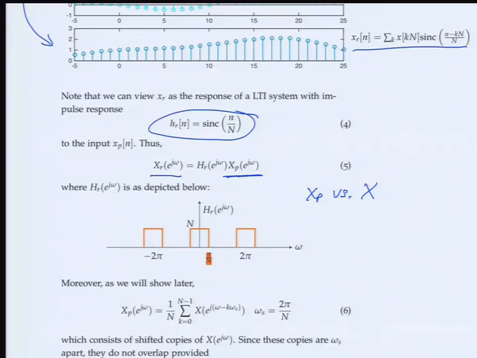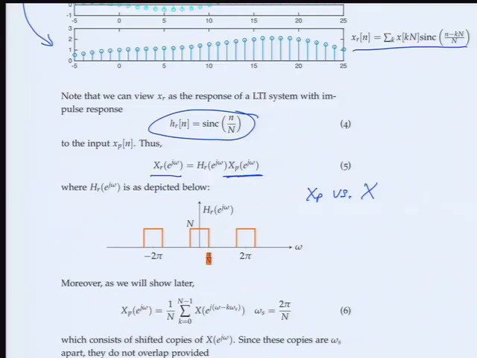You were just getting shifted copies of the spectrum, right? If this was your X of omega, you were getting the same thing, only scaled by 1 over T, and they were omega_s apart, where omega_s is 2 pi over T.